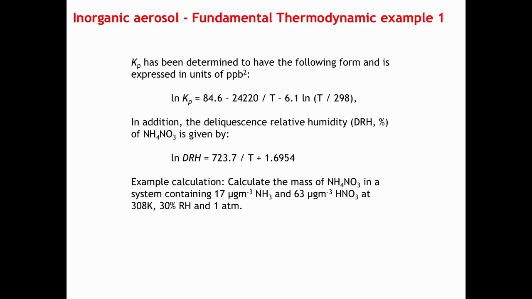Do you know? How many parts per billion is 17 micrograms per cubic metre of ammonia? What's the molar mass of ammonia?